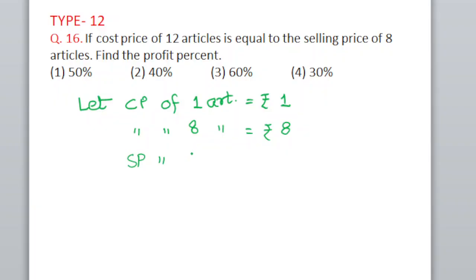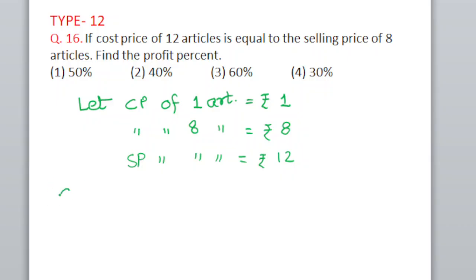Now SP of 8 articles is equal to rupees 12, because it is given that cost price of 12 articles is equal to the selling price of 8 articles.